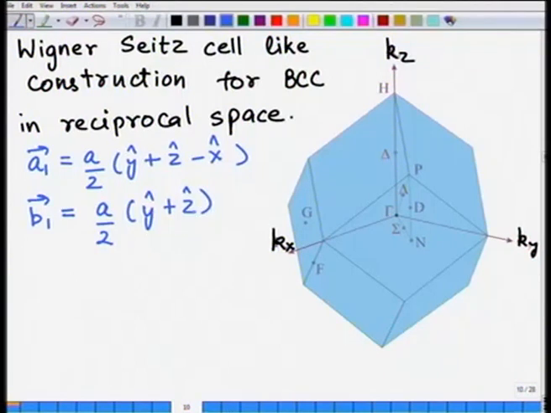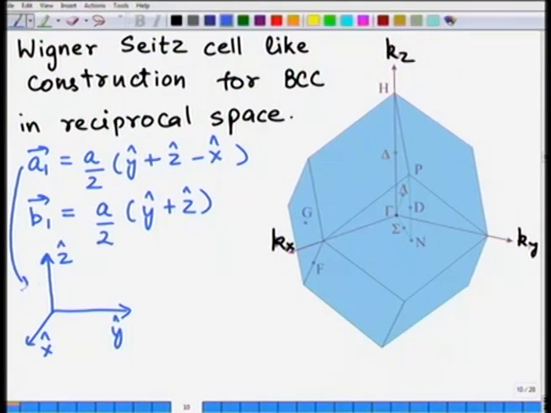So, what was this A1 and A2 and A3? Remember what we are saying is that if you have a direct lattice somewhere like this, and in that there is an x, y and z, similarly I should have something in the reciprocal lattice corresponding to this.